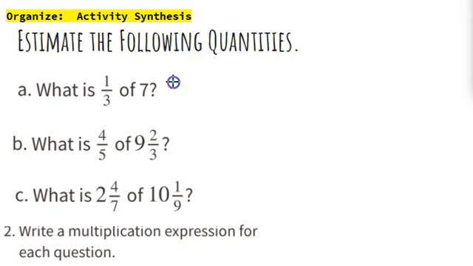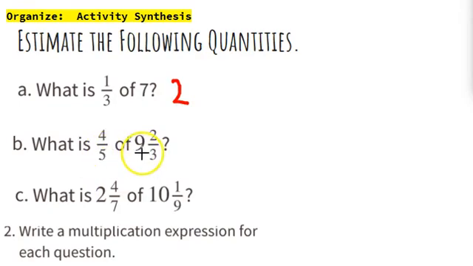So it's going to be pretty close to 2, isn't it? Because if you think about 7 being pretty close to 6, 6 times 1/3 would give you 2. So it's going to be probably a little bit more than 2, probably like 2 1/4 or something like that. It's going to be slightly more than 2, but pretty close to 2.